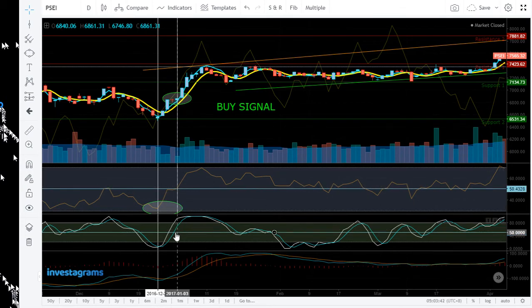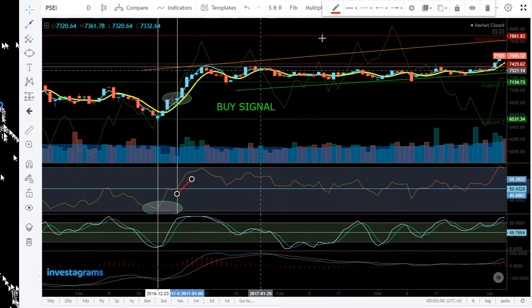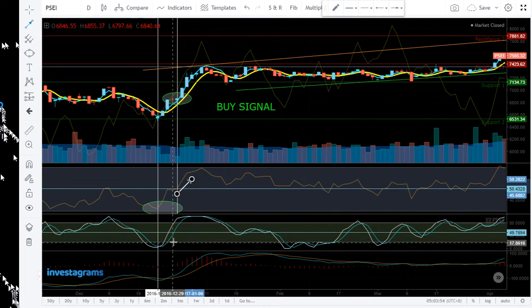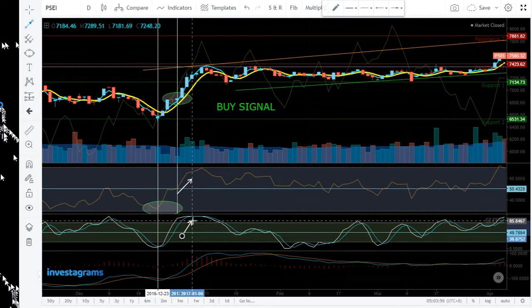This is the level 50 and this is your level 50 also. So what happened? Your stock went up abruptly, and the RSI also went up abruptly.